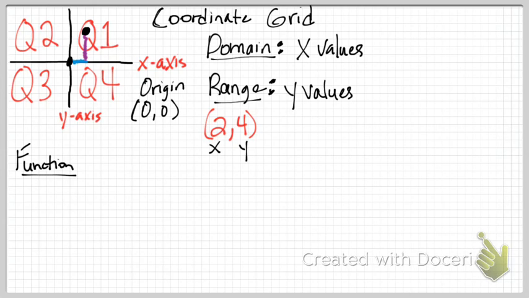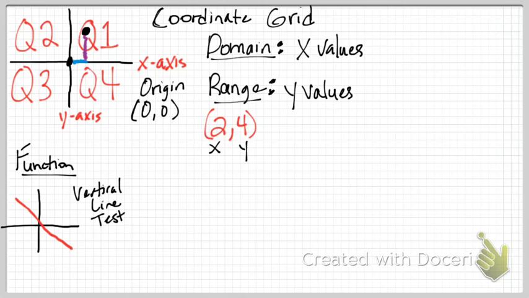A function. Okay? First off, if we're looking at a graph of a line, let's say we have a line like this. There's something called the vertical line test to determine if it is a function.